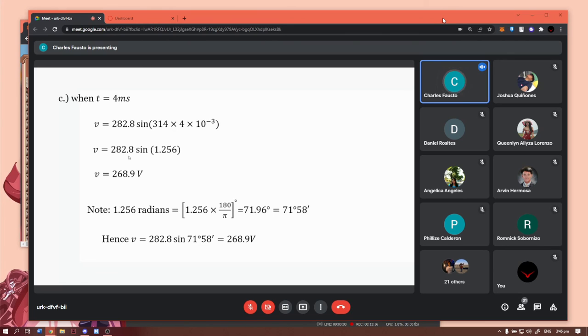Okay, so hence the voltage v or instantaneous value of voltage is equal to 282.8 sine 71 degrees and 58 minutes is equal to 268.9 volts.